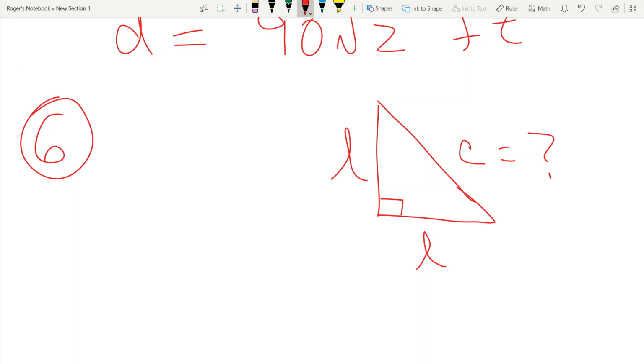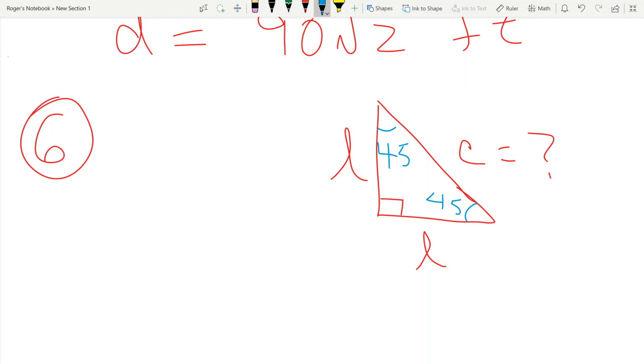Well, you know the sum of the angles in any triangle is equal to 180. If this is 90 right here, these other two must be what measure? Can you tell me what the measure of these two angles is? They're 45, aren't they? 45 and 45.